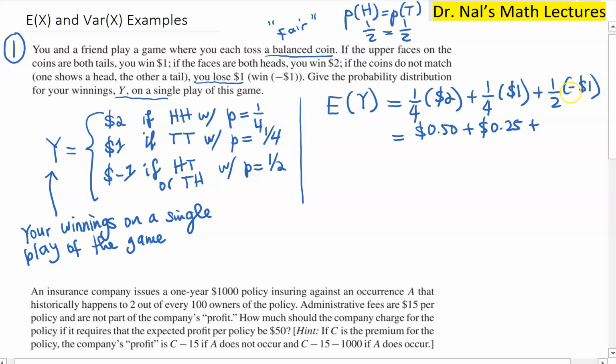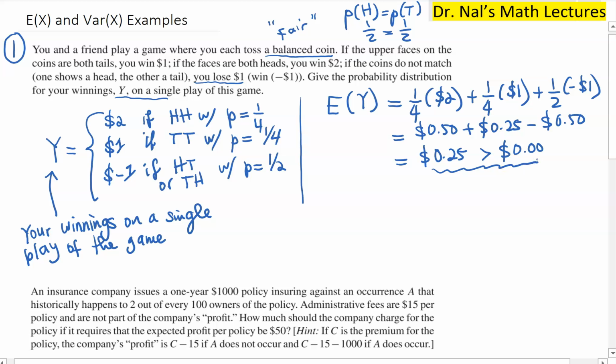And finally, the last one, minus 0.5. Actually, let's just get rid of that plus sign, minus 0.50. Hey, look at that. So your expected winnings from this game is greater than $0.